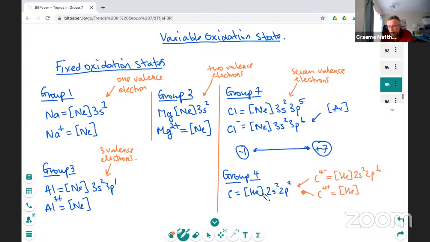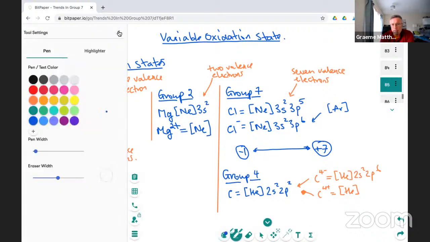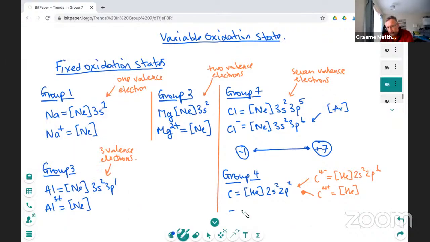So carbon has a range from, think you fill up the subshell, so it could be -4, back in Air Force Blue, all the way up to +4. Just depending on, well, what it's bonded to.